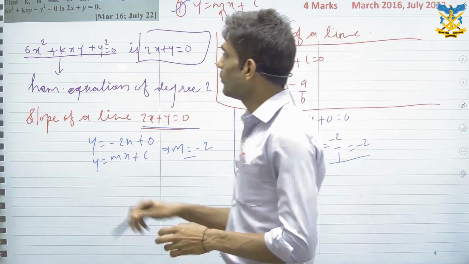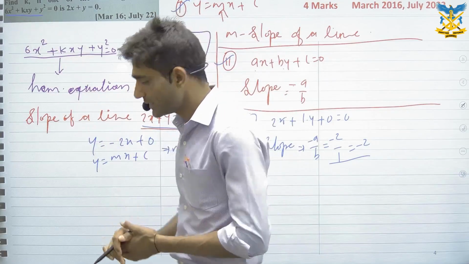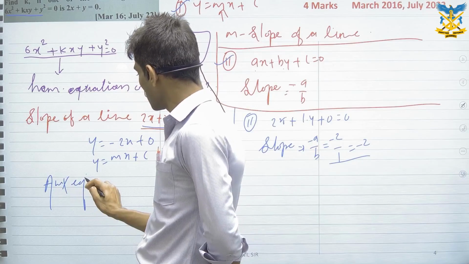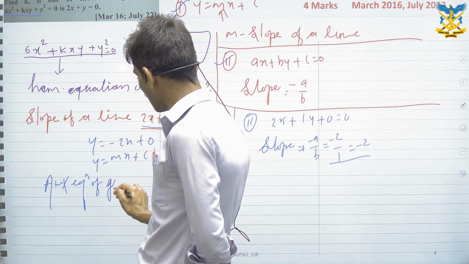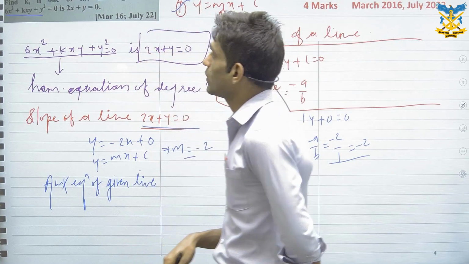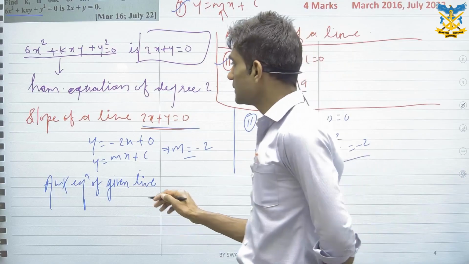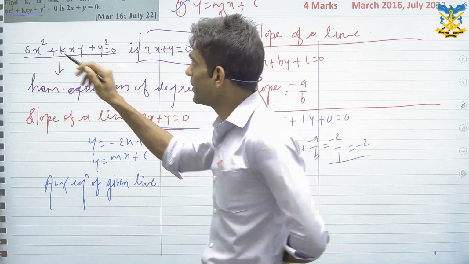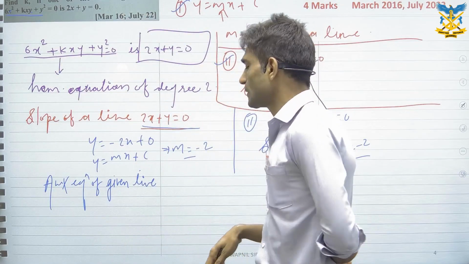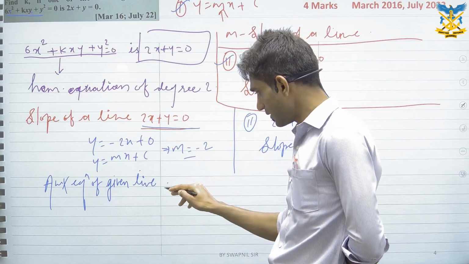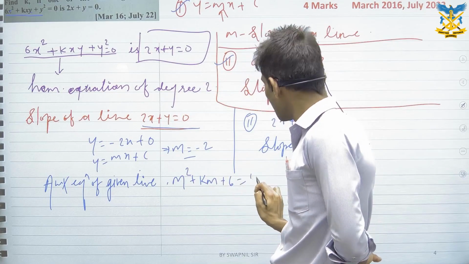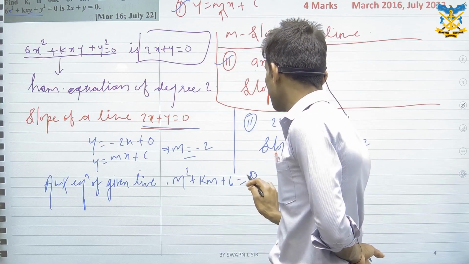Now first of all, find out the auxiliary equation for this line. What is the auxiliary equation of the given line? We want the auxiliary equation of the given line, which is m square plus km plus 6 equals 0.